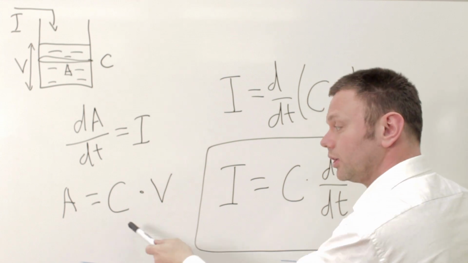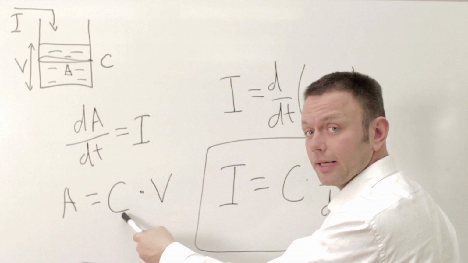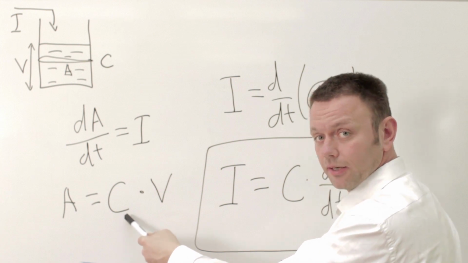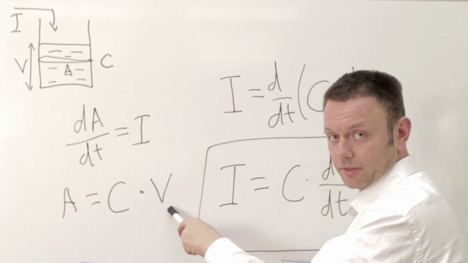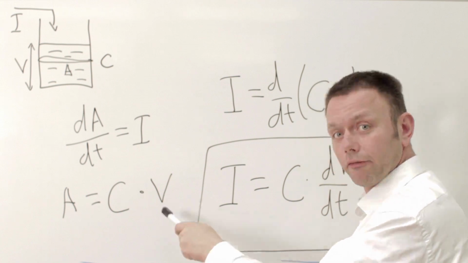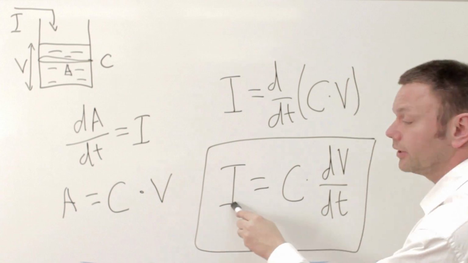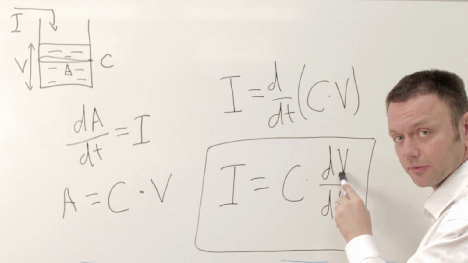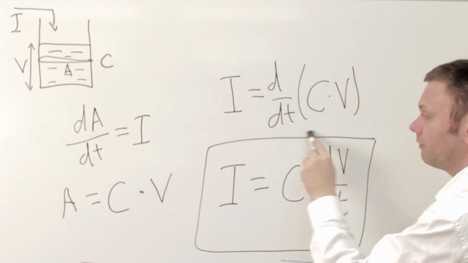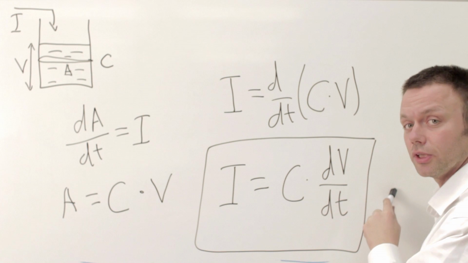And guess what? C turns out to be a capacitance in the case of the capacitor, whilst V turns out to be voltage across the plates of the capacitor. So therefore, the relationship between a current and the rate of change of voltage across the plates of the capacitor is also given by this very same equation here.